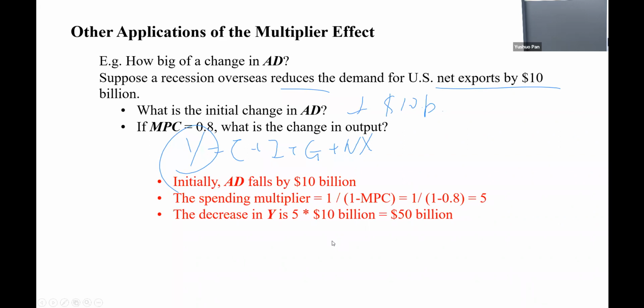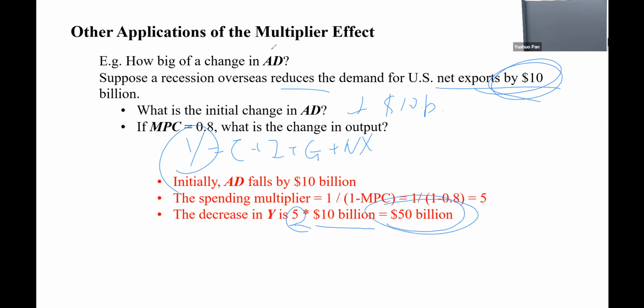But because there is a spending multiplier, the total change of AD is not only $10 billion. You should also calculate the spending multiplier, which equals 1 divided by 1 minus MPC. The multiplier equals 5, which means the total effect would be the multiplier 5 times the initial decrease, which is $10 billion.